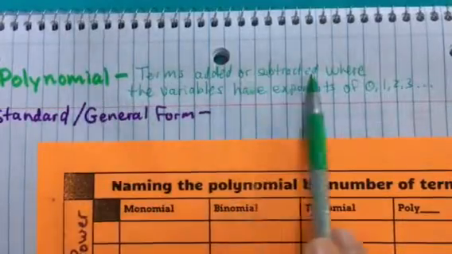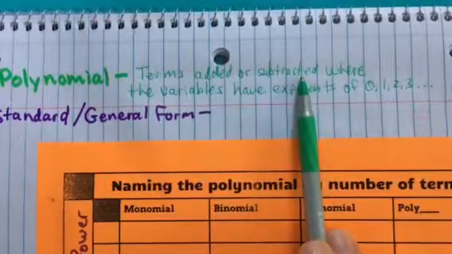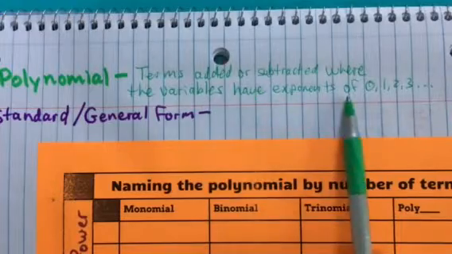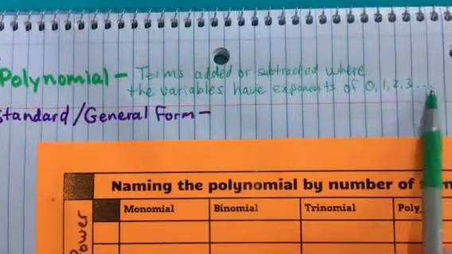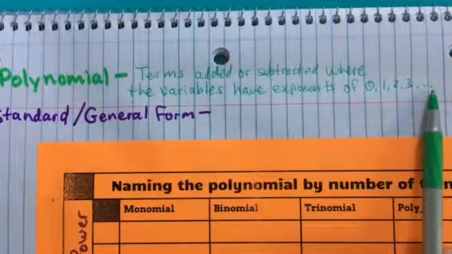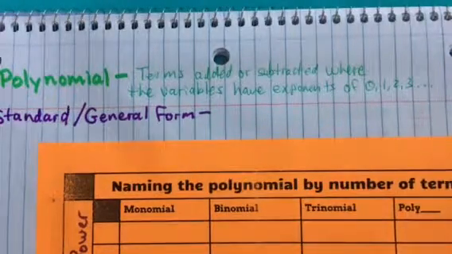No half, no negative. If it has a half exponent, it's not a polynomial.